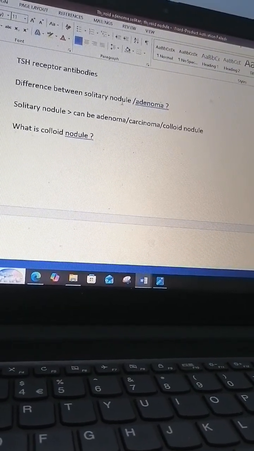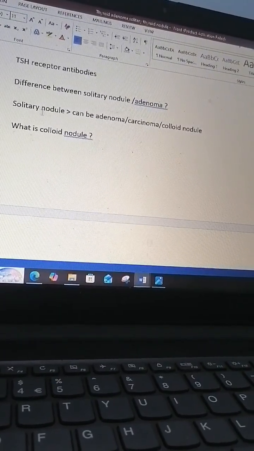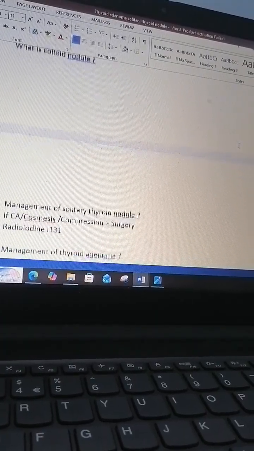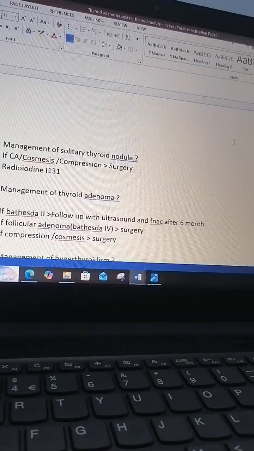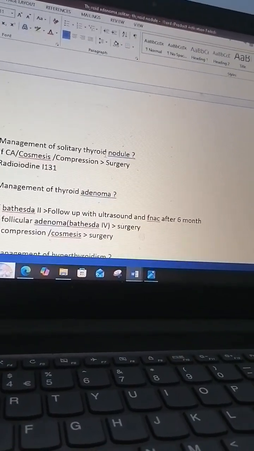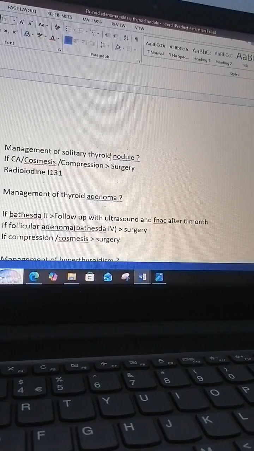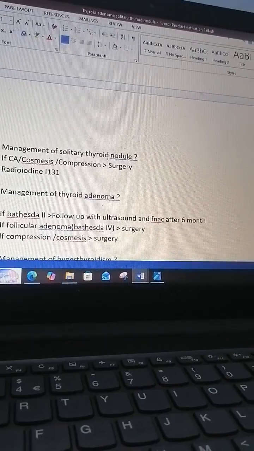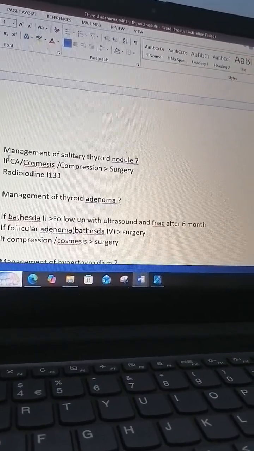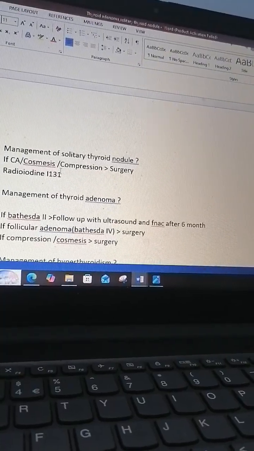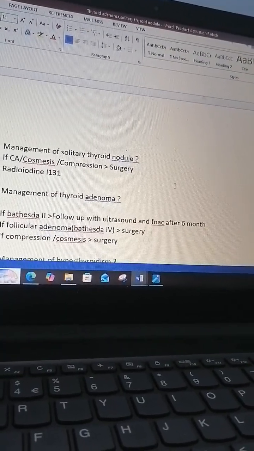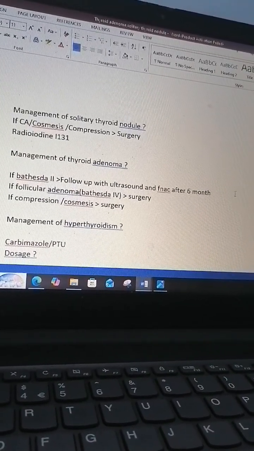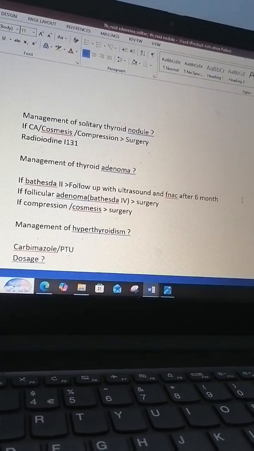Okay, what is the difference between solitary nodule and adenoma, which we have already discussed? What is colloid nodule, and what is the management of solitary thyroid nodule? This is important. We will manage the solitary thyroid nodule according to the investigations, the FNAC and the thyroid scan, and if there is carcinoma, cosmesis, or compressive symptoms, then we will go to surgery. And what is the management of thyroid adenoma, a benign thyroid nodule?